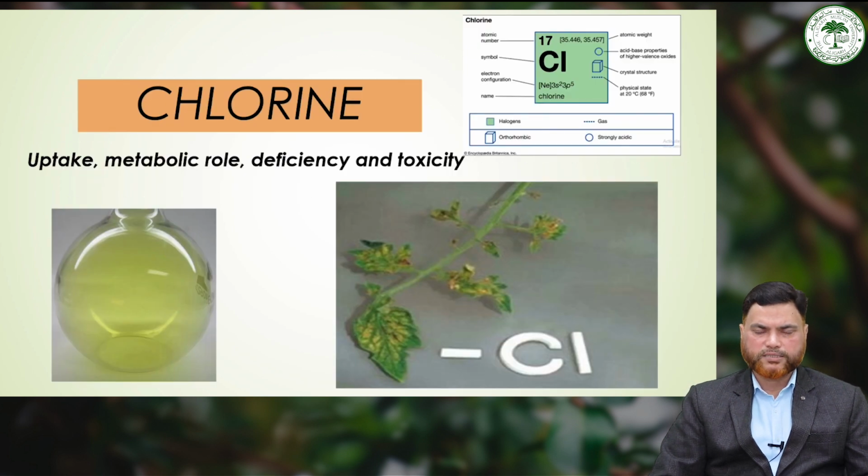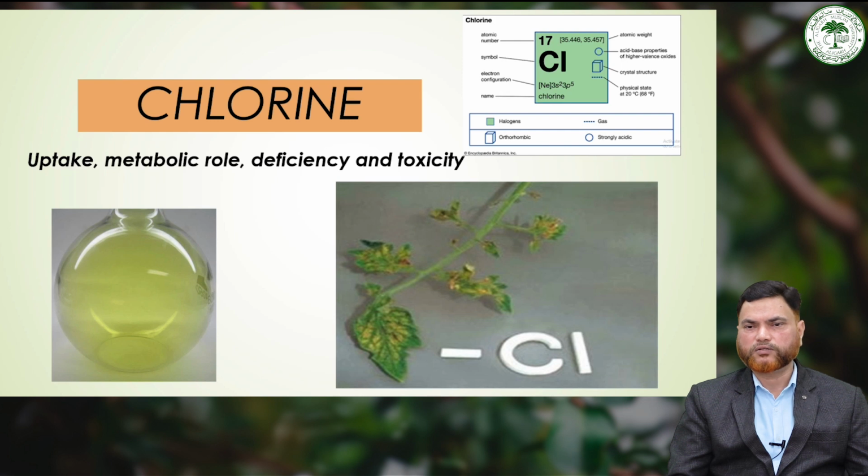Now, the next essential mineral element is chlorine, and you see that chlorine is also a very important micronutrient required by higher plants. It participates in several physiological processes and is involved in various growth and developmental processes, particularly maintaining osmotic and stomatal regulation, as well as evolution of oxygen in photosynthesis. Generally, chloride is readily taken up by the plants, and its mobility in short and long distance transport is very high.